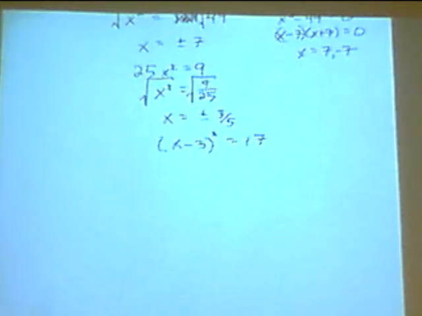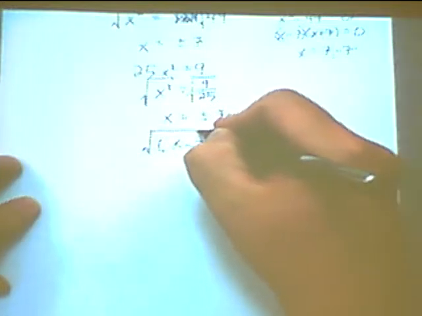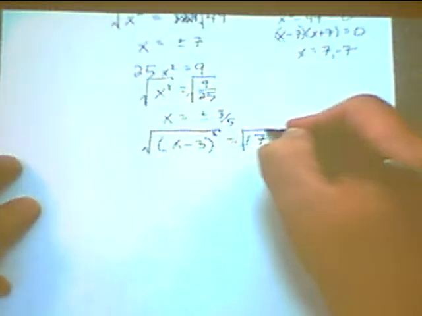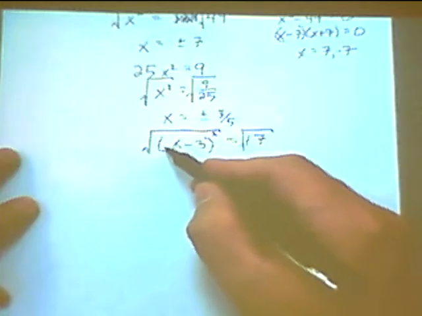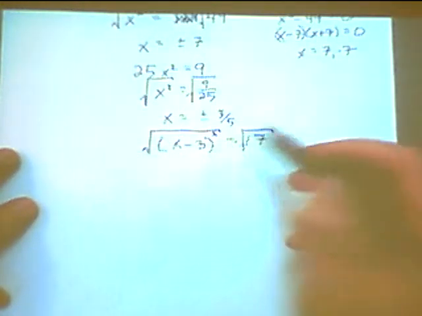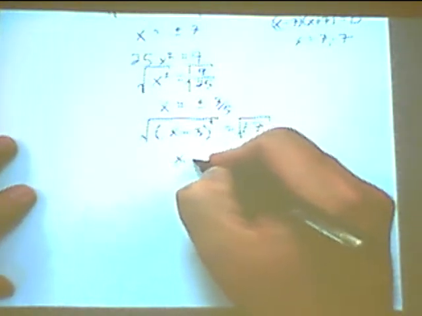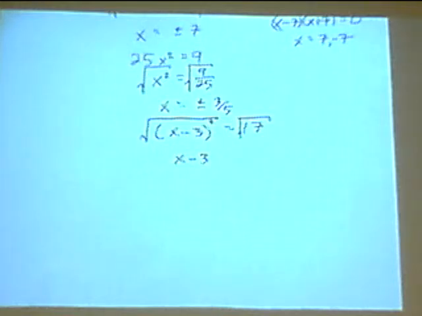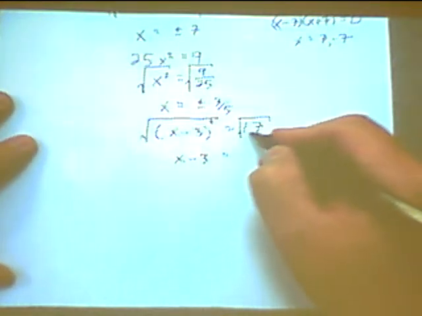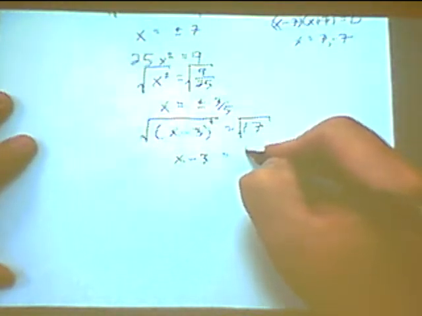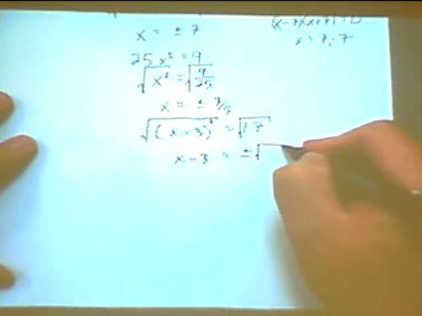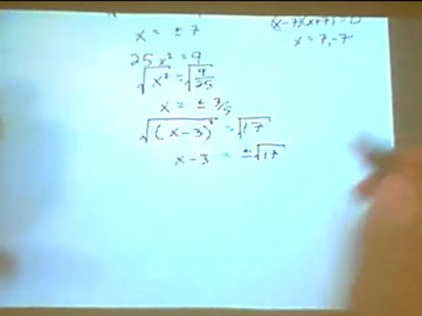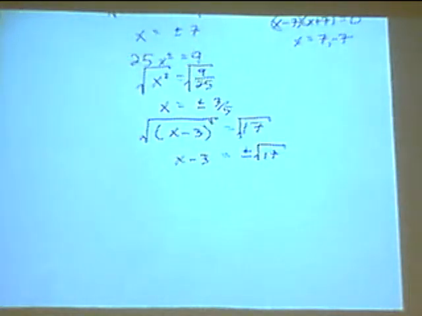But you notice that if you go ahead and take the square root of both sides, once again, when you take the square root of something squared, even if it's a parenthesis squared, you end up with whatever is under the radical. And then over here, square root of 17, I cannot simplify, so I just simply write plus or minus square root of 17.